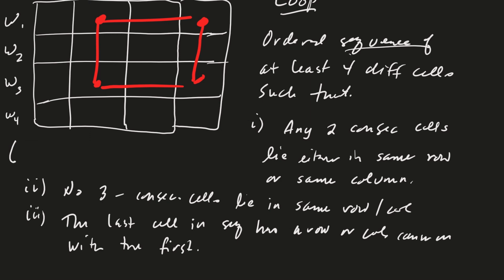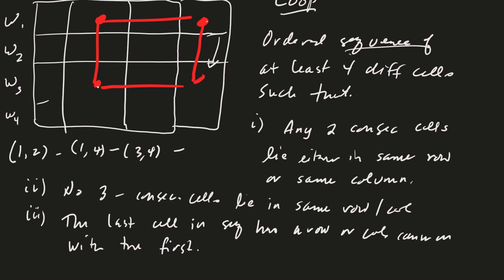I have the 1, 2 cell going to the 1, 4 cell, going to the 3, 4 cell, going to this cell, and that is the 3, 1 cell. And then we could say it's back to the 1, 2 cell again, right?